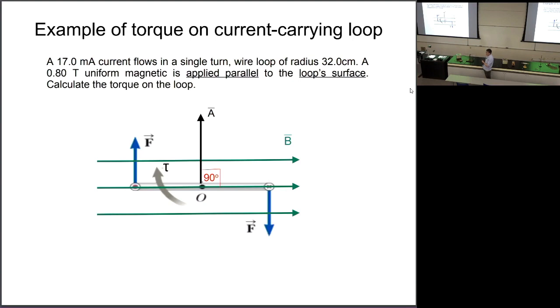Those forces add up to a zero net force, but a non-zero net torque. So this is going to rotate in this magnetic field, as we saw this device doing. And we're going to figure out numerically here the torque. So let's do that.